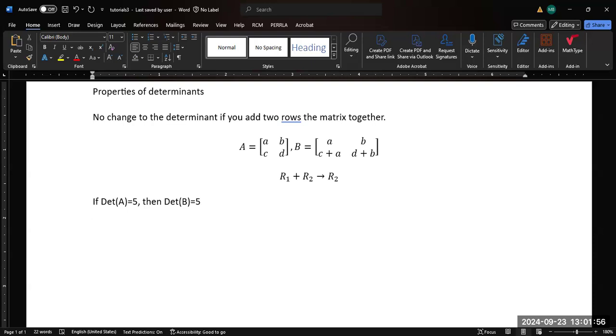And we could prove this if we wanted to by actually calculating the 2 by 2 determinant for both of these examples. We would see that everything cancels out and the expressions that we get at the end are exactly the same. It's an example because it's only a 2 by 2, and this is a property that applies to matrices of any size.